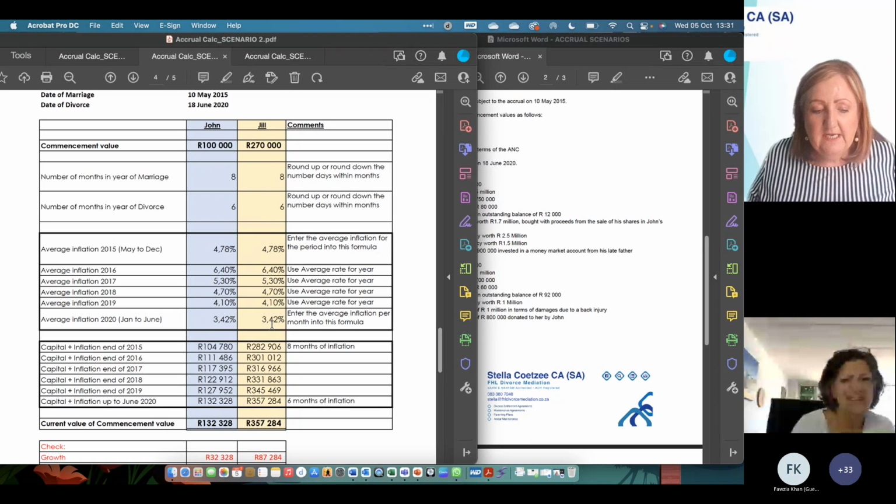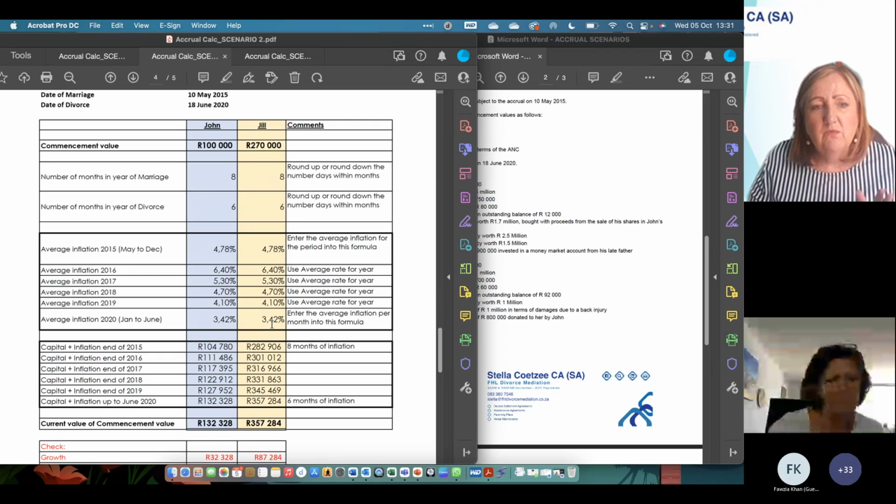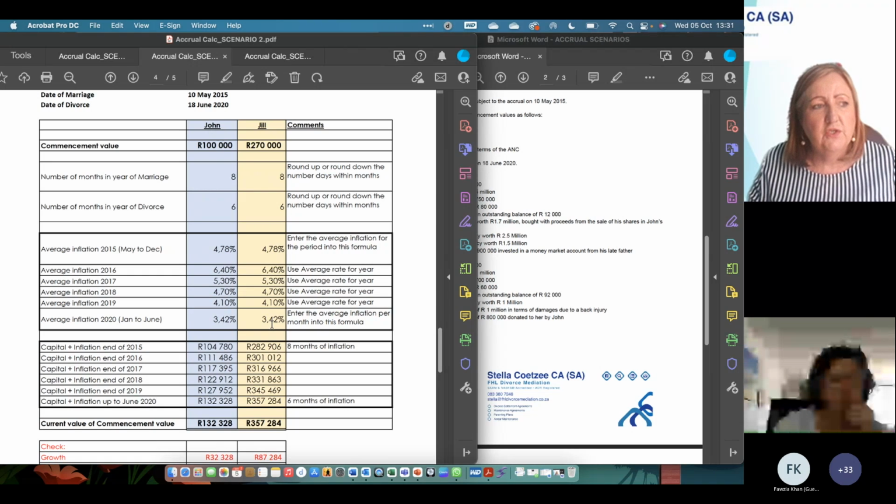Okay, so the date of the marriage was the 10th of May 2015. The date of the divorce is the 18th of June 2020. So here we've got two columns. The commencement value for John was 100,000 and for Jill 270,000. The whole purpose of this is they got married 5 years ago.